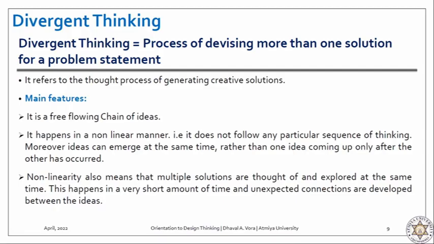Let me give an example of divergent thinking. Earlier there was nothing like meals at a petrol pump, but nowadays you can see Subways or different food chains at petrol pumps. So what was the basic idea behind that? Divergent thinking only. Due to this process, unexpected connections are developed.